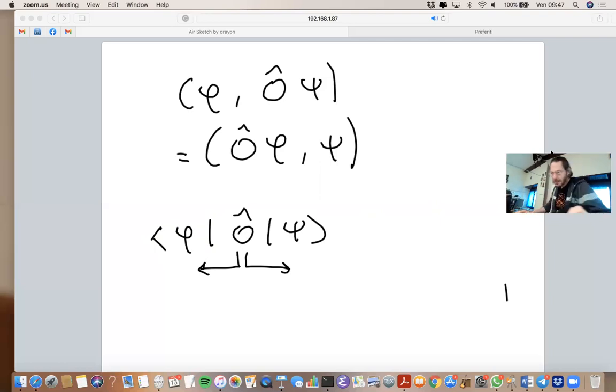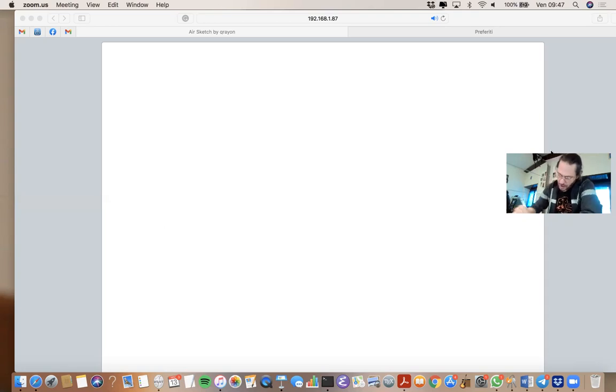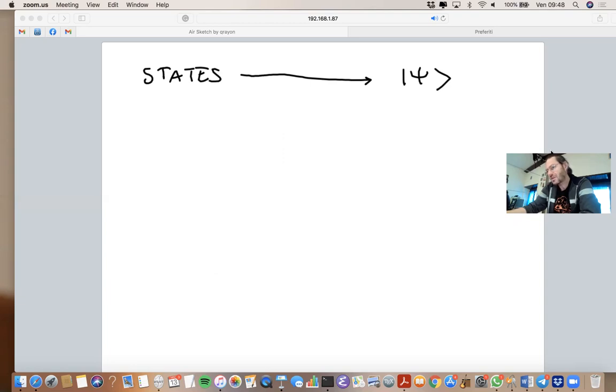So summarizing all this, we have understood that in quantum mechanics, the state of the system is associated with points in a Hilbert space. Actually, not exactly points, but I'll come to that.